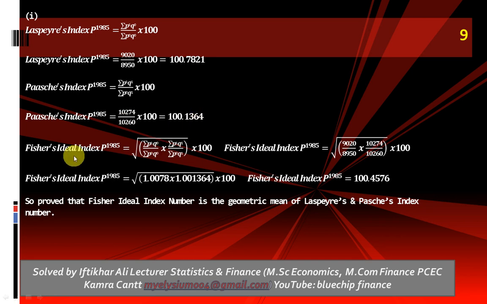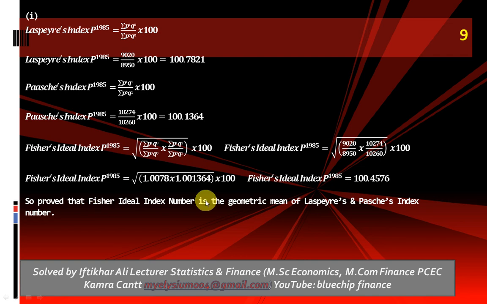And now we come to Fisher's ideal index, which is the geometric mean of Laspeyres and Paasche. Laspeyres index multiplied by Paasche's index under root, and the answer is finally 100.4576.